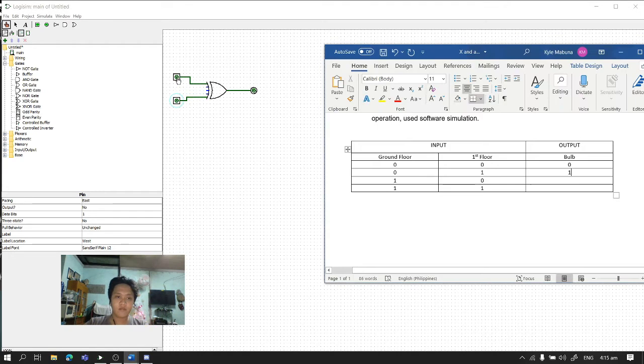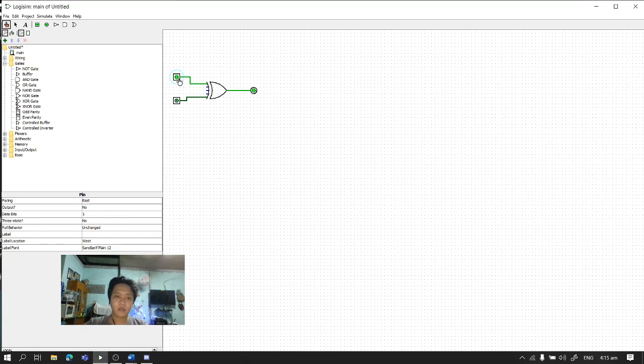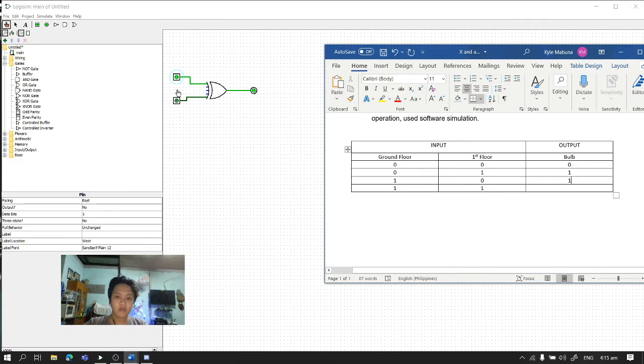If the ground floor switch is open and the first floor is off, then the bulb is also open. If both the ground floor and the first floor switches are open, then the bulb will be off, or 0.